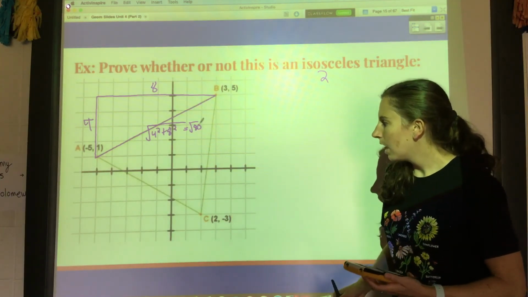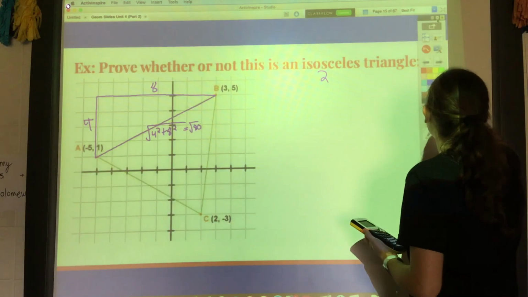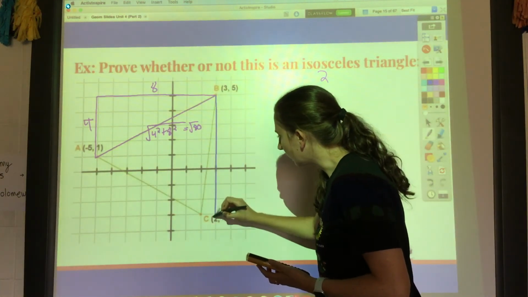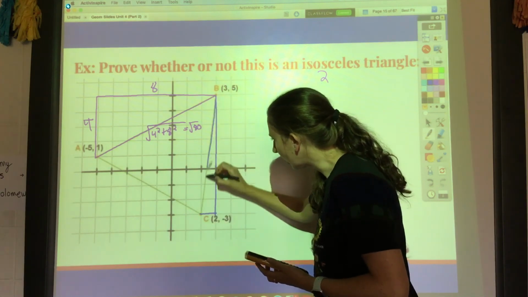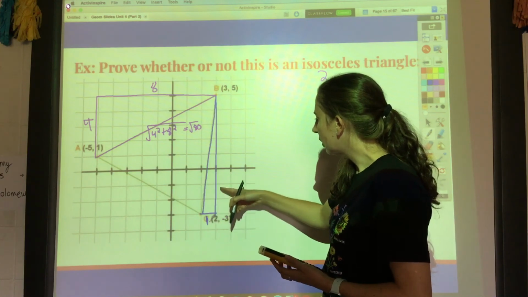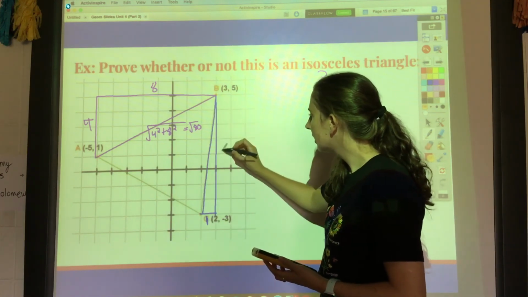For this other side, I could make it into a right triangle as well, even though it's a very narrow right triangle. It's a triangle that is base of 1, a height of 1, 2, 3, 4, 5, 6, 7, 8.